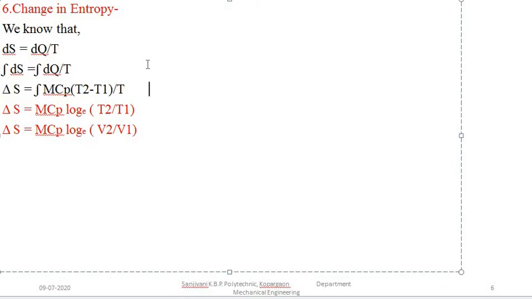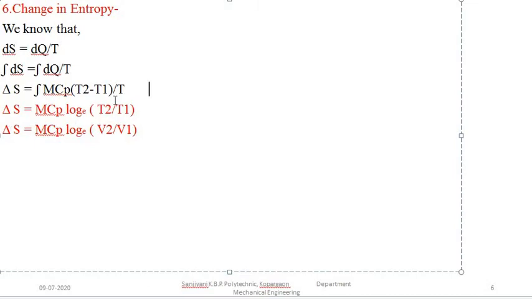So integration of 1 by T is nothing but log to the base e of T, and putting the limits from T1 to T2. Here temperature is changing from T1 to T2. Therefore we can write this as log to the base e of T2 minus log to the base e of T1. Therefore we can write it as log to the base e of T2 upon T1. So this is the equation we are going to use to find the change in the entropy.